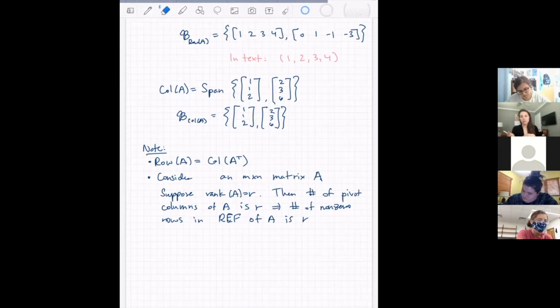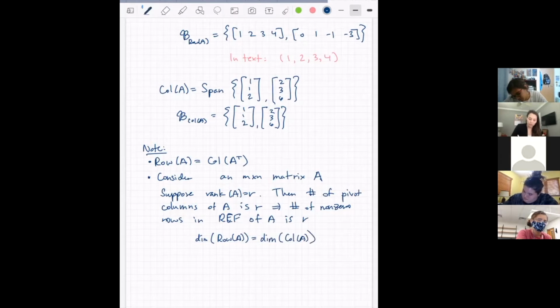And for every one of those, you get a pivot column, right? So in fact, what this is saying is that the dimension of the row space is always equal to the dimension of the column space, which is the rank, right? Okay. So the row space and column space will always have the same dimension.